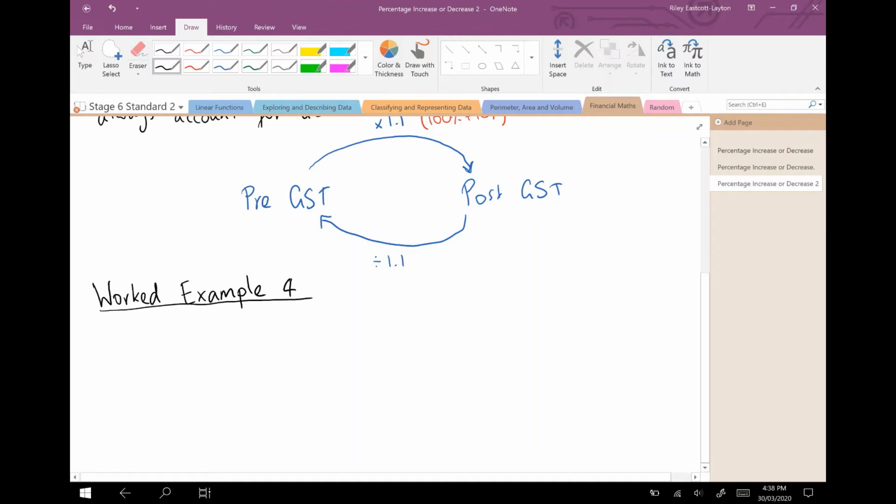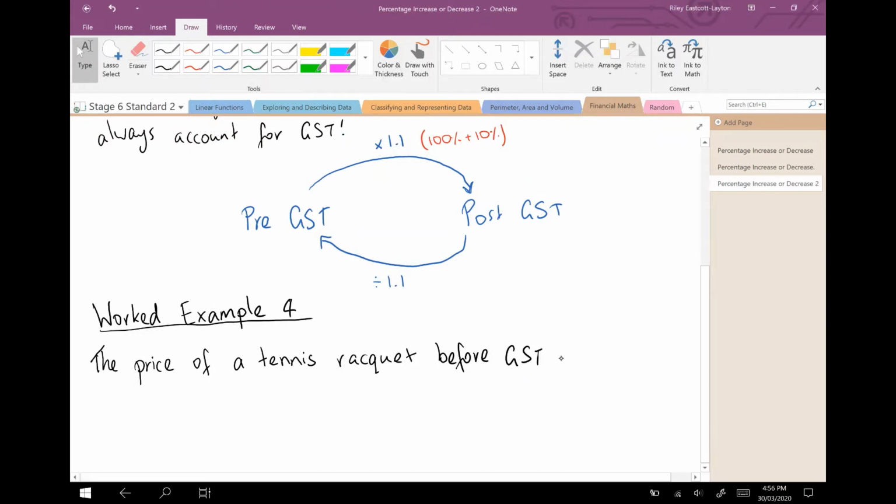So we will talk about the price of, what do we want to buy? Let's buy a tennis racket. The price of a tennis racket before GST is added is, we'll say, $73.45.